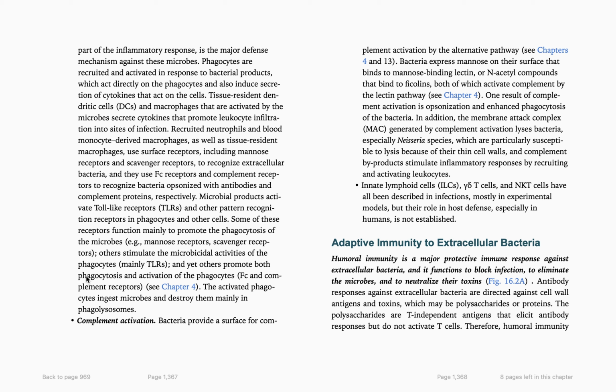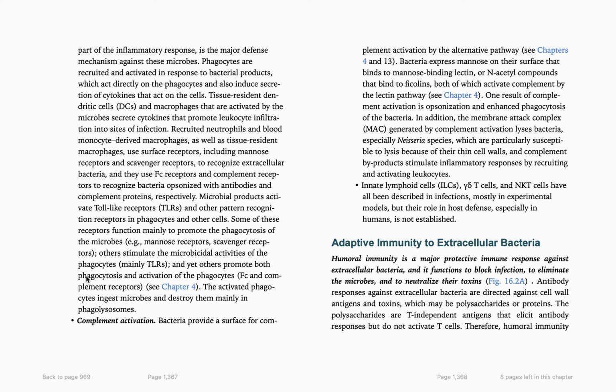Complement activation. Bacteria provide a surface for complement activation by the alternative pathway, as we have seen in chapters 4 and 13. Bacteria express mannose on their surface that binds to mannose-binding lectin, and N-acetyl compounds that bind to ficolins, both of which activate complement by the lectin pathway. One result of complement activation is opsonization and enhanced phagocytosis of bacteria.